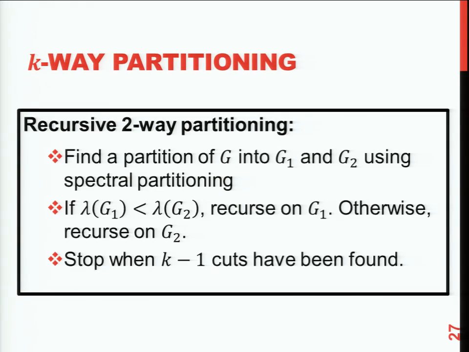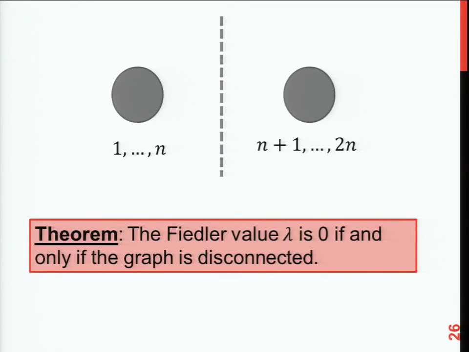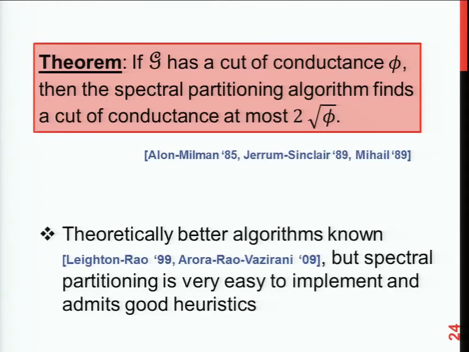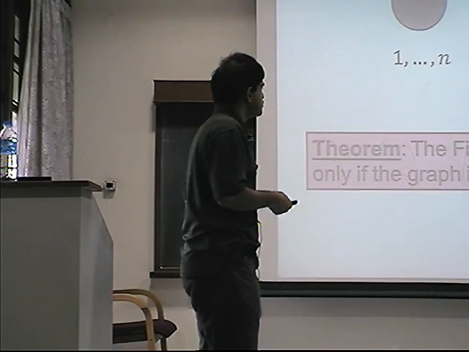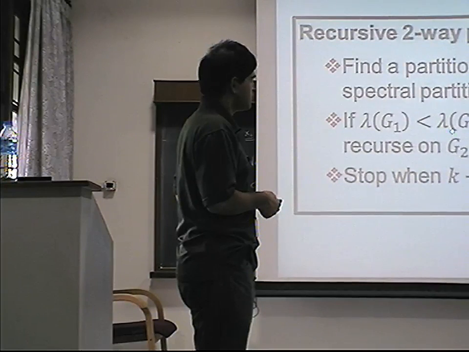The reason why we are looking at this is because this theorem actually tells you, if you look at the details, that the smaller the second eigenvalue is, the better the cut.